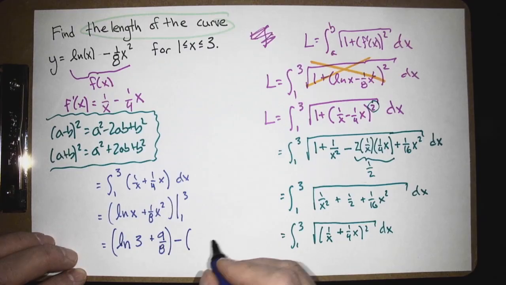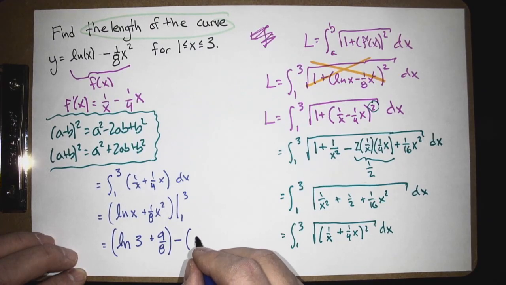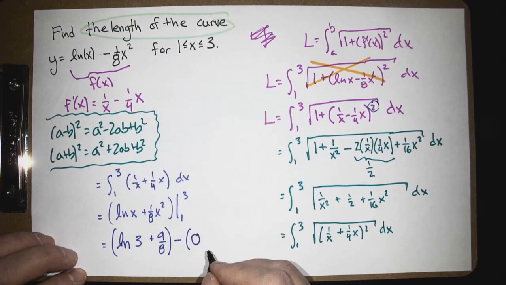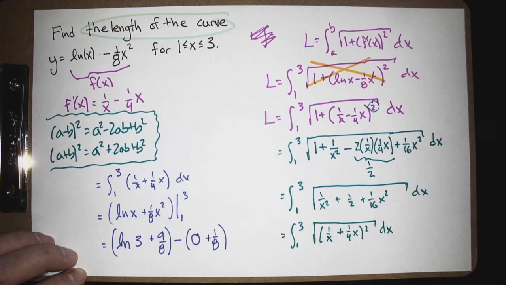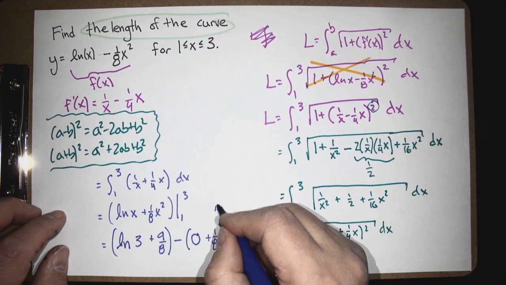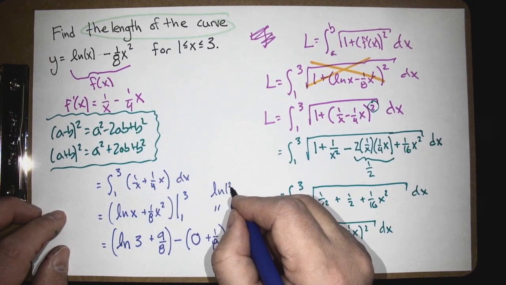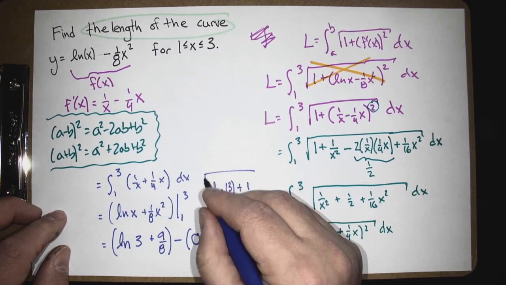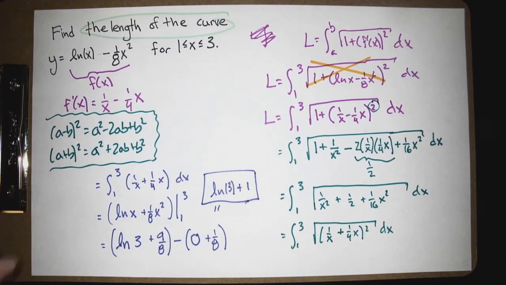Subtract natural log of 1, also known as 0. And 1/8 times 1 squared is 1/8. We can make one more simplification here. 9/8 subtract 1/8, also known as 8/8 or 1. So log of 3 plus 1. And there we go.